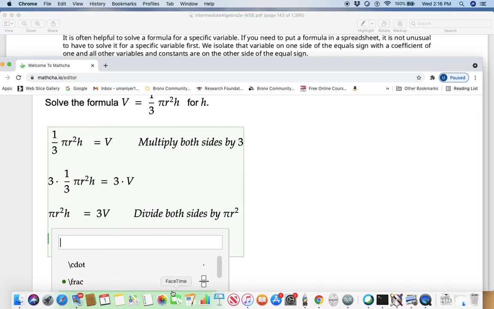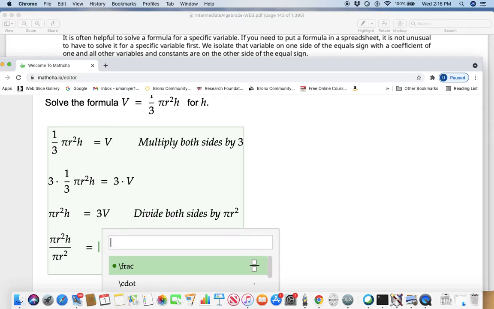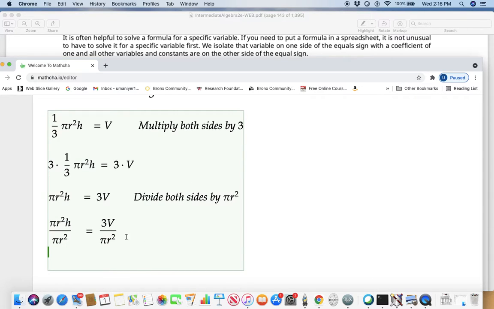Whatever you do to the left hand side, you must do to the right hand side. So this cancels this. You're left with h equals 3V over pi r squared. And that's it. We have solved for h.